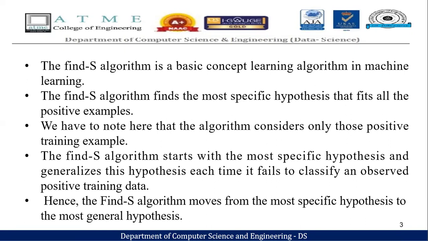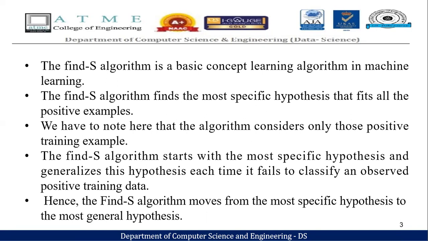The Find-S algorithm finds the most specific hypothesis that fits all the positive examples. Here, it is going to find one most specific hypothesis so that it fits all the positive examples.